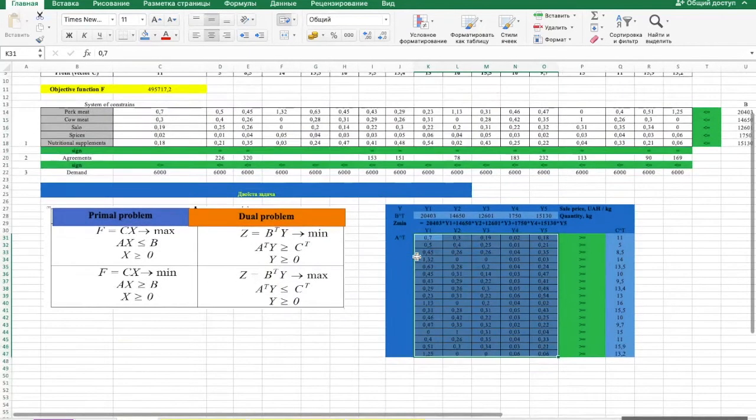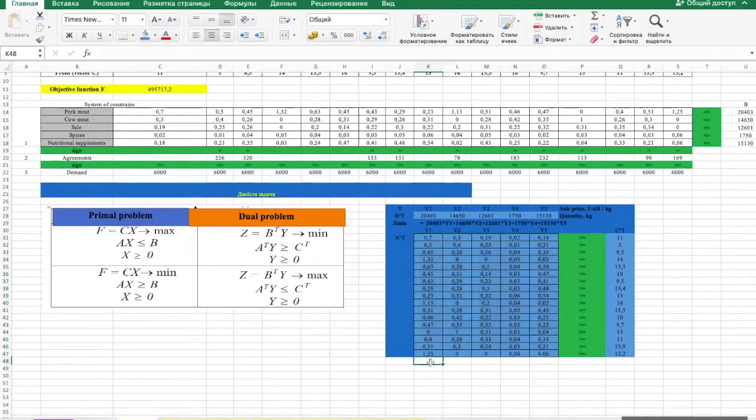And how can we define the first constraint in more detailed form, I mean in the form A11 multiplied by y1 plus A21 multiplied by y2. Do you understand what it means?